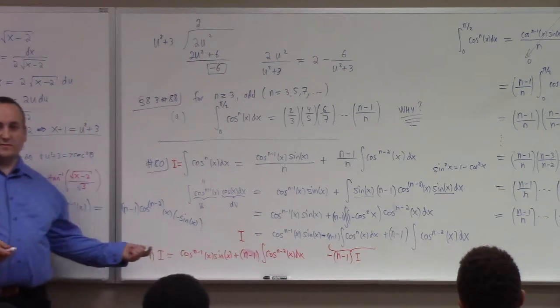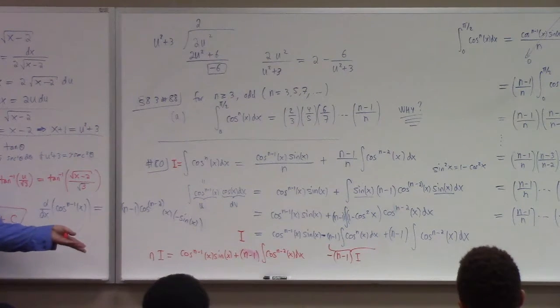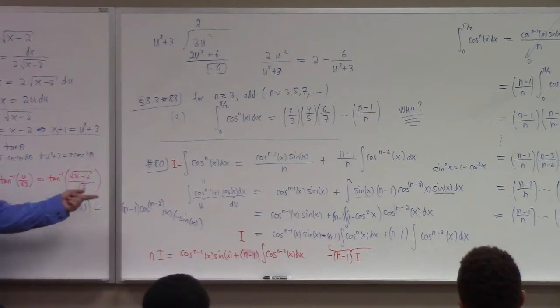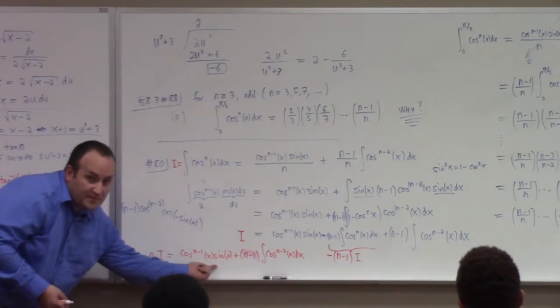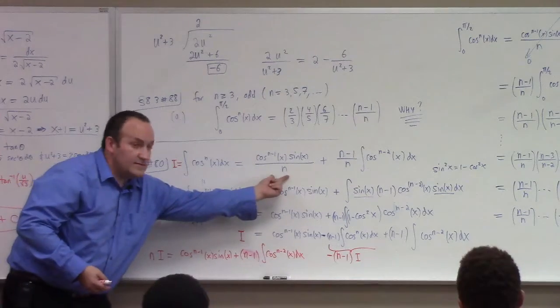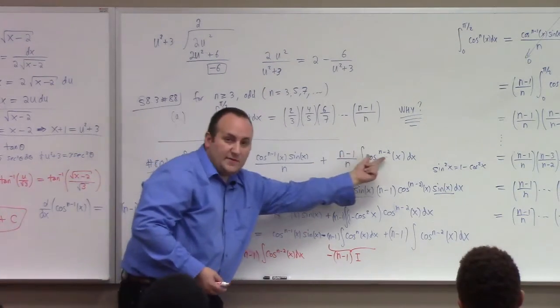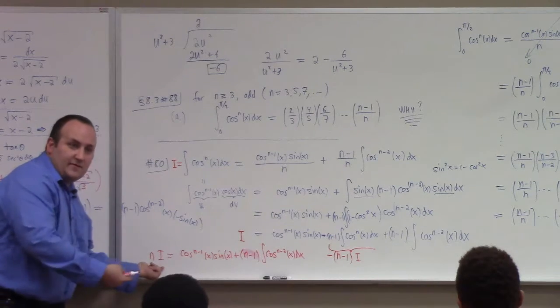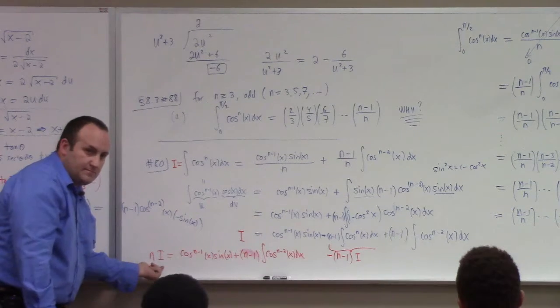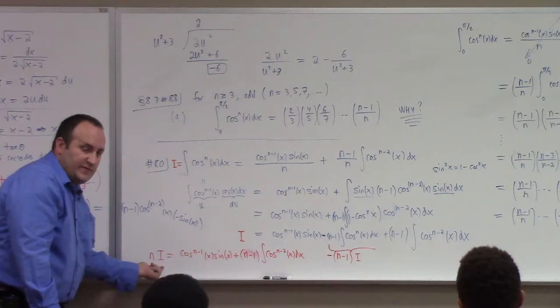So then what do you got to do? Divide by n. And that's exactly this formula up here. It's not n minus 1 that appears in the formula, it's n minus 1 divided by n. That n is coming from the looping of the integral and then solving for the original integral.